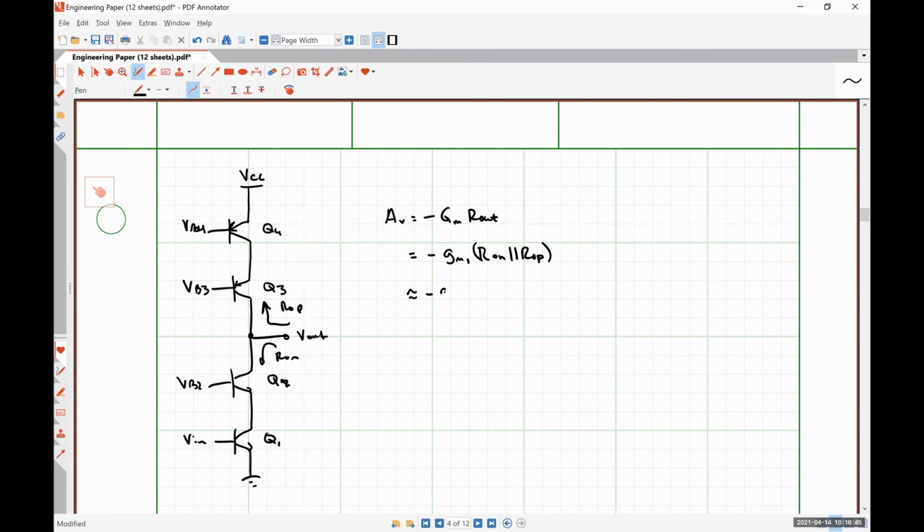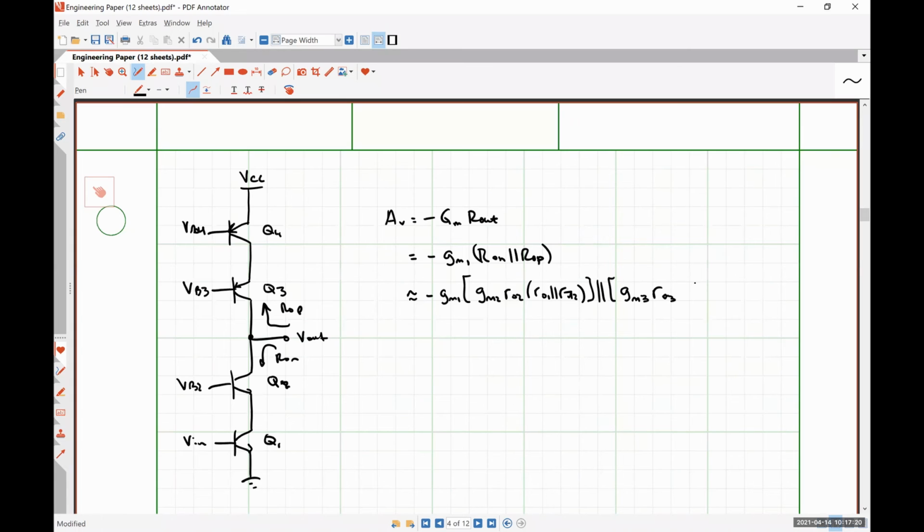This is approximately negative GM1 times GM2 R02 times R01 in parallel with R pi 2, in parallel with GM3 R03 times R04 in parallel with R pi 3.